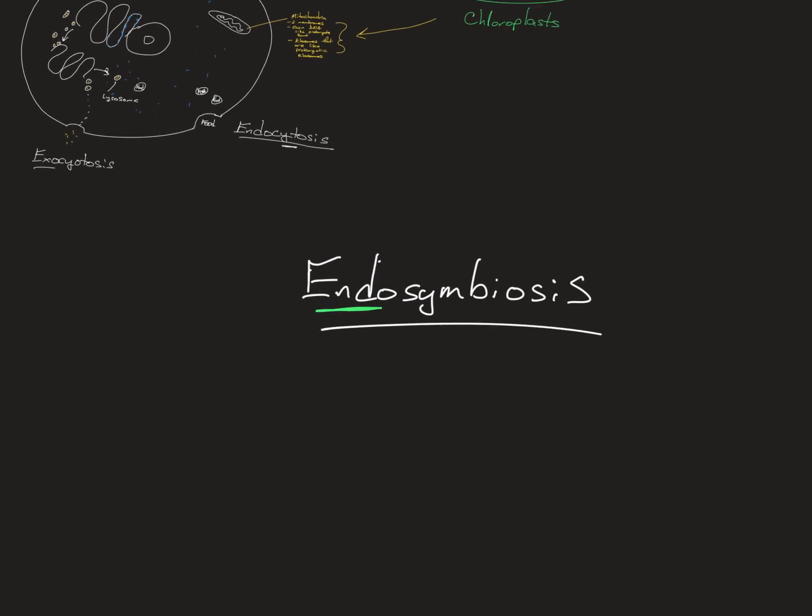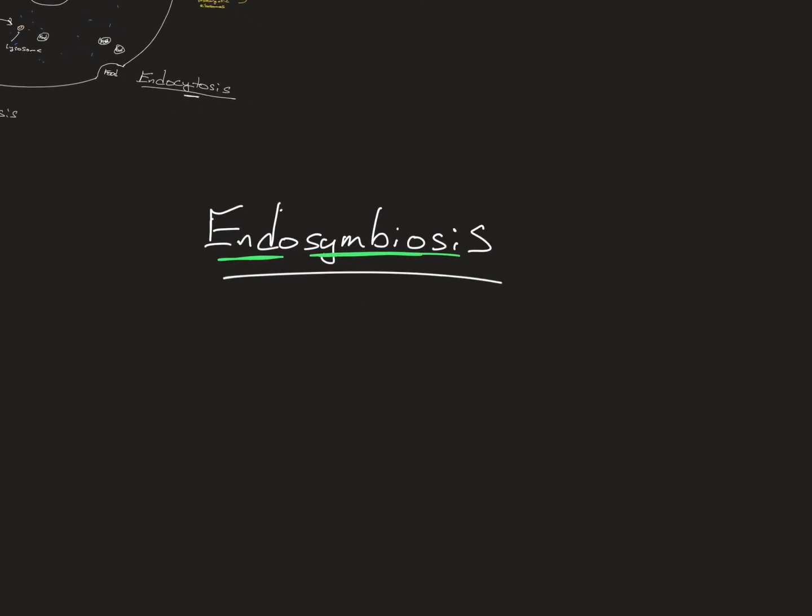Endo means in. Symbio means to live closely. So symbiotic means to live closely with. There's several forms of the same word, right? Symbiotic, symbiosis, the same word, just different usage, different connotations, different aspects of the same idea.